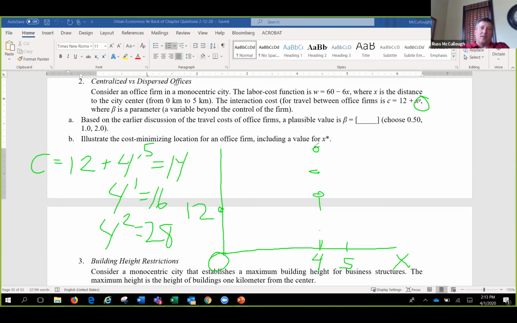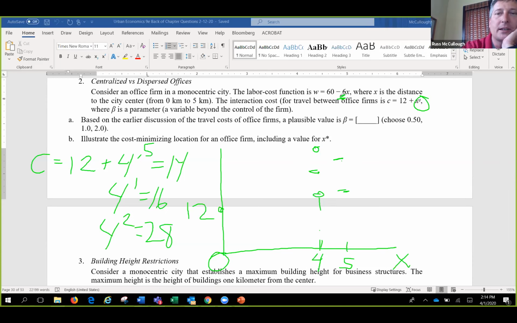The square root of 5 is a little wonky, but okay, 14.24, so it's just a little bit above that. 17, so instead of 16, it's 17 for this one. And then we've got 5 being 37.